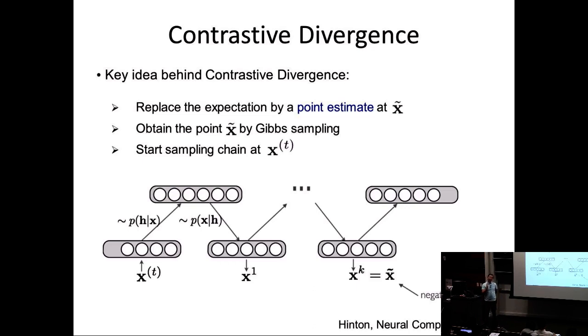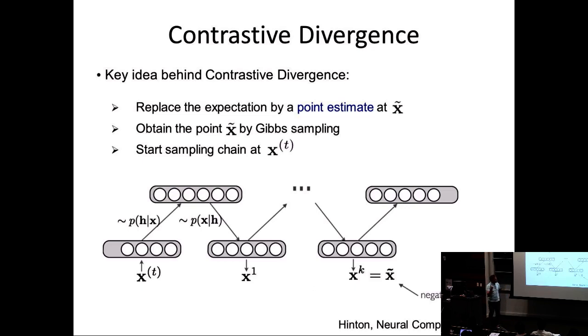So what you do is the following. You start at the data, xt, any data. Say you try to train your model using mini batches of size 100. You sample the states of the hidden variables, P of h given x, which you know is given by logistics. Then you resample back the original data, x.